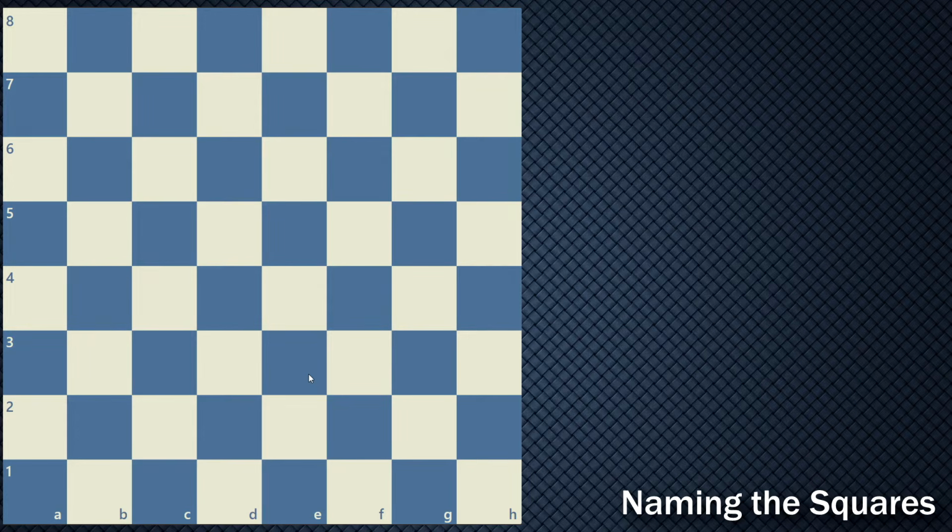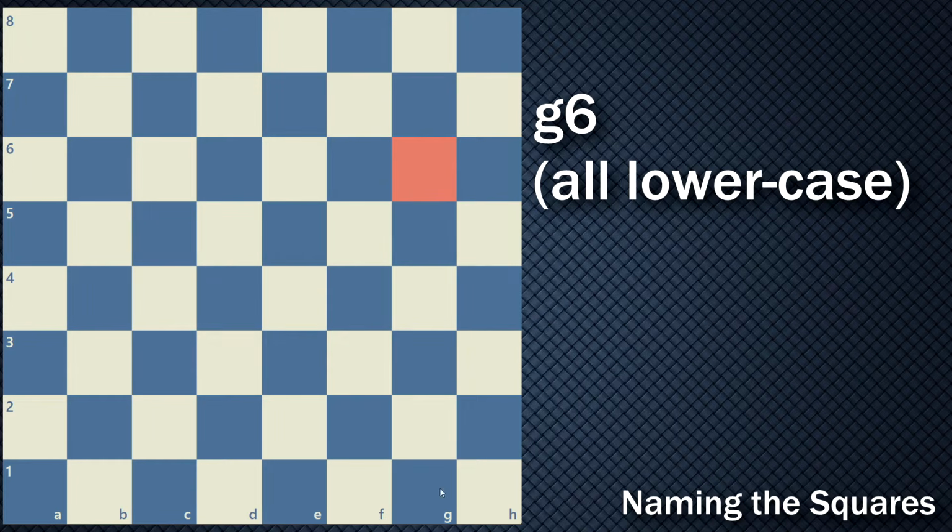Another square is g6. We look at the column g and the row 6, and combining the two gives g6, again depicted with a lowercase letter and a number. That's how you name a square on the chessboard.